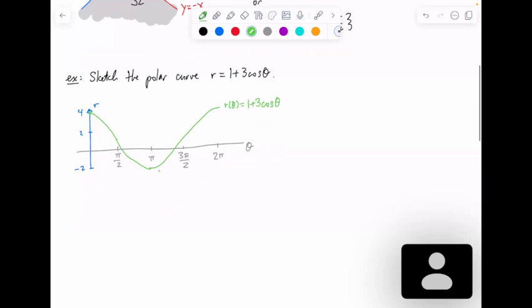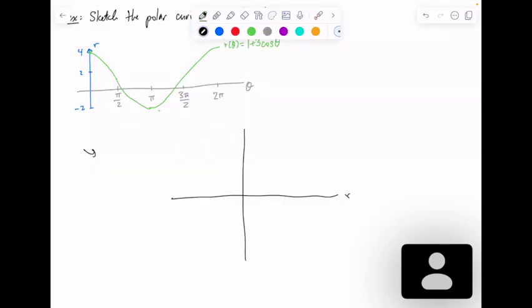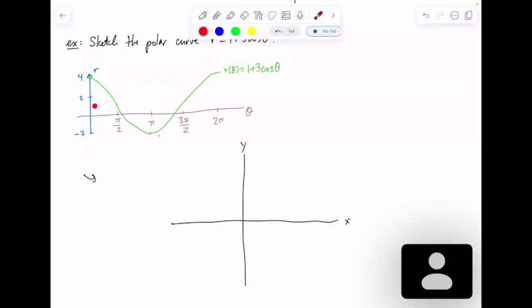And now, using what this curve looks like, this tells us how your radius varies at angle theta. So if you translate this back to the xy plane, here's my xy plane. What this is telling me is at angle equal to 0, my radius is going to be equal to 4. So I'm 4 away at angle 0. Remember, that's on the positive x-axis itself.